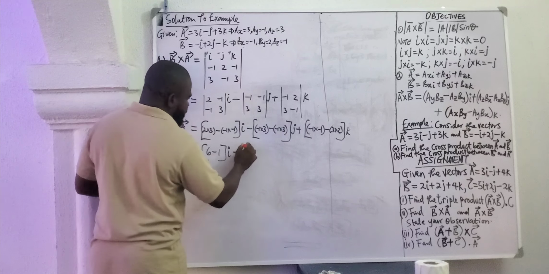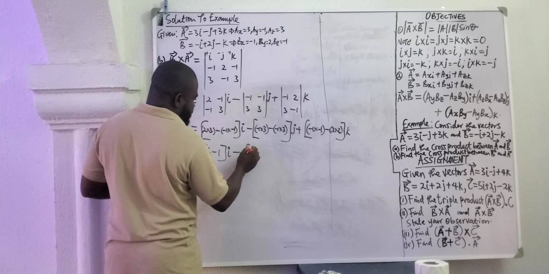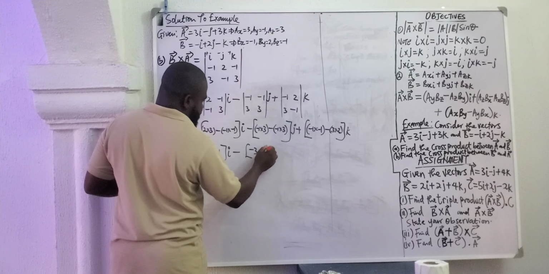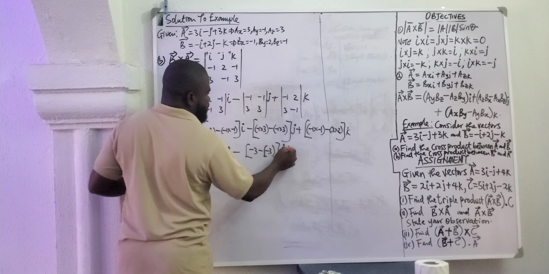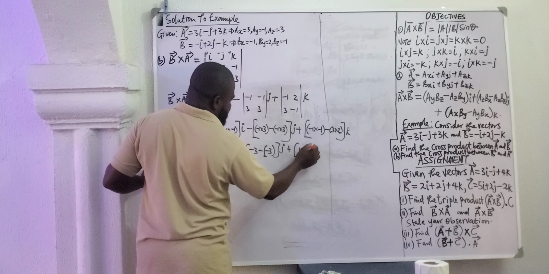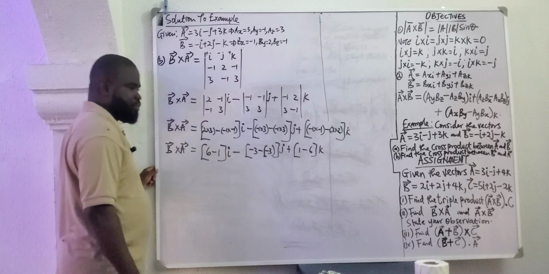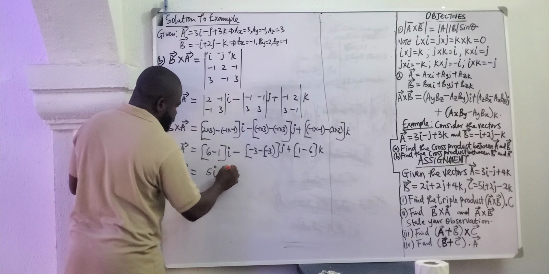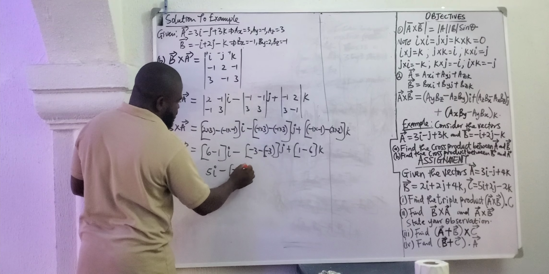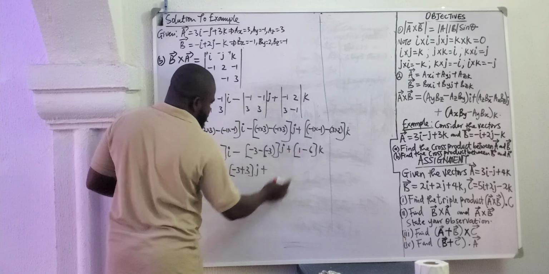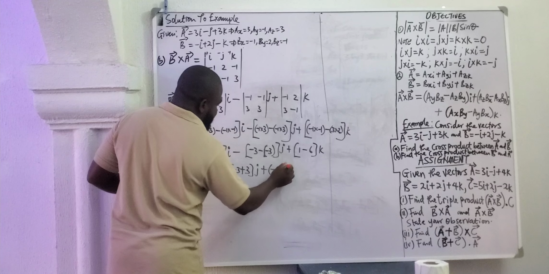That's I, minus 3 times 1, minus 1 times 3, minus 3, minus bracket, minus 1 times 3, that's minus 3, J, plus minus 1 times minus 1, that is 1, minus 3 times 2 is 6, that's K. So we have that B cross A is equal to 6 minus 1 is 5, I, minus, this is minus 3, minus times minus is plus 3, that's J, plus 1 minus 6, that's minus 5, minus 5K.